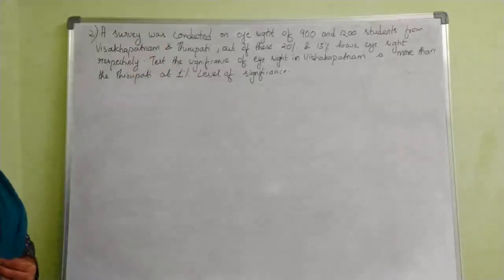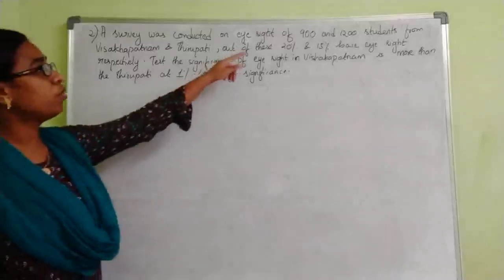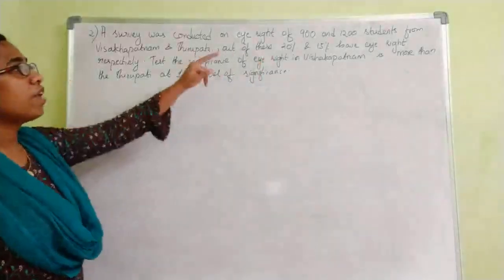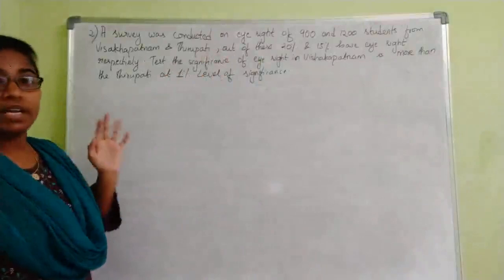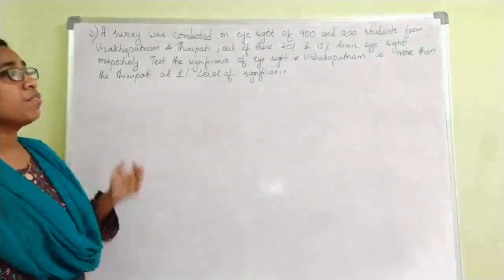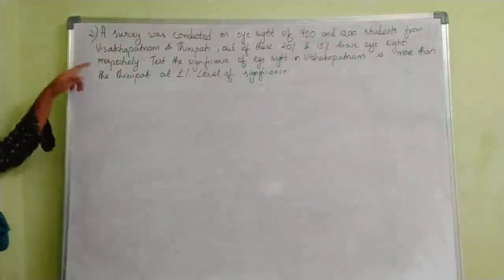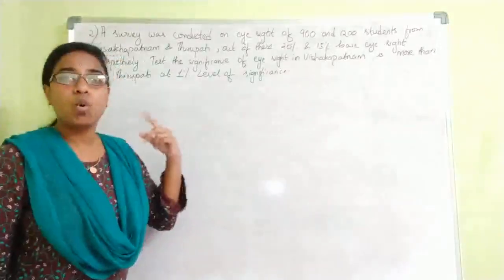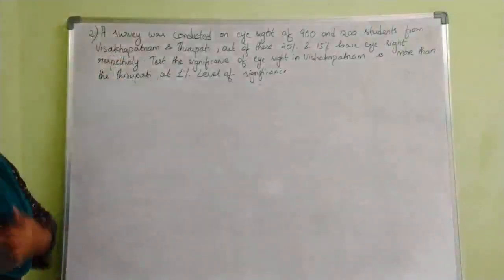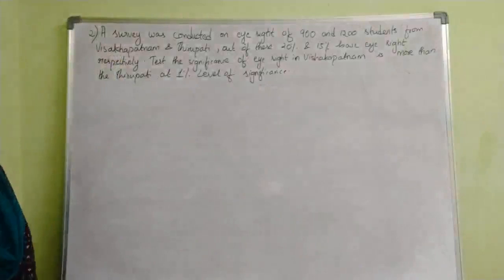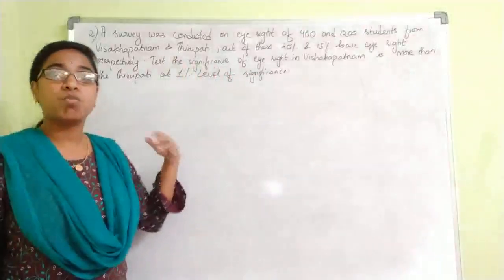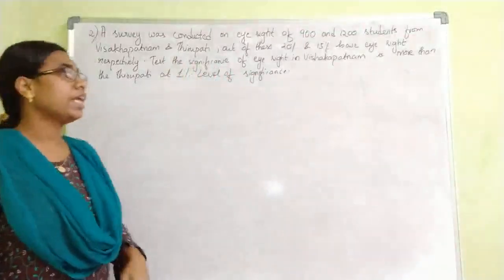Out of these, 20% and 15% have eyesight, respectively. Test the significance of whether eyesight in Visakhapatnam is more than in Tirupati at 5% level of significance. So they are asking to check whether the eyesight of the students in Visakhapatnam is more than the eyesight of the students in Tirupati.